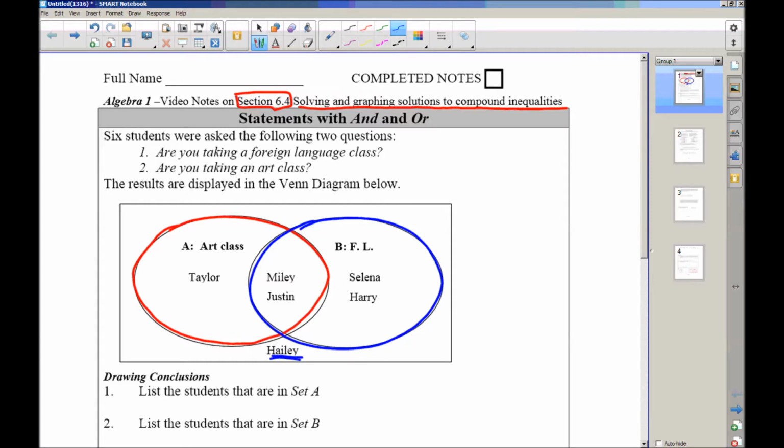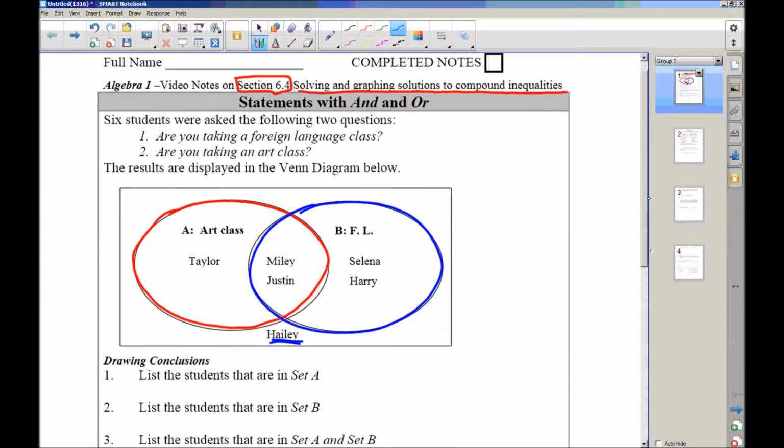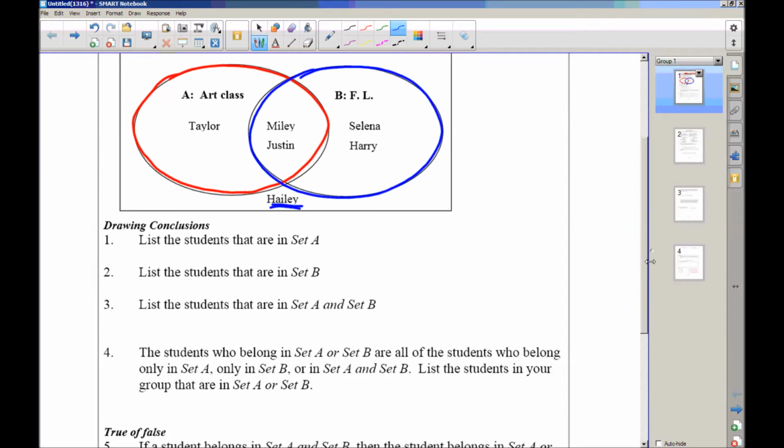Okay, so let's answer the questions down below, draw some conclusions here. So first says list all the people who are in set A. So that's the people who took art class. So this is Taylor. This is Miley. And this is Justin.